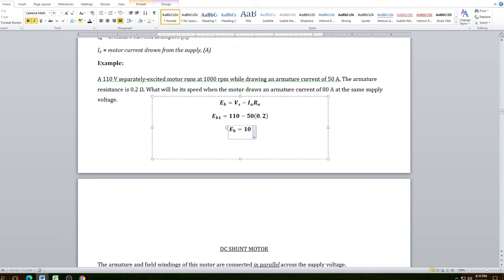So we have 100 volts of back EMF. That is EB1. What will be EB2? We can get EB2 using the same formula.